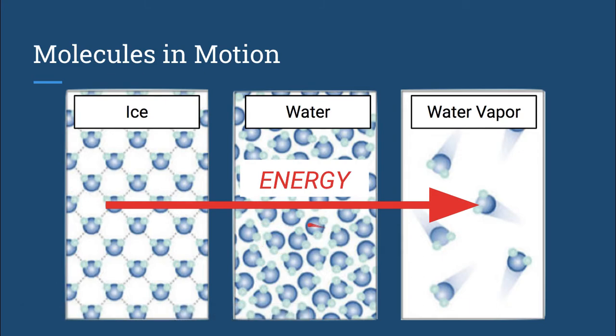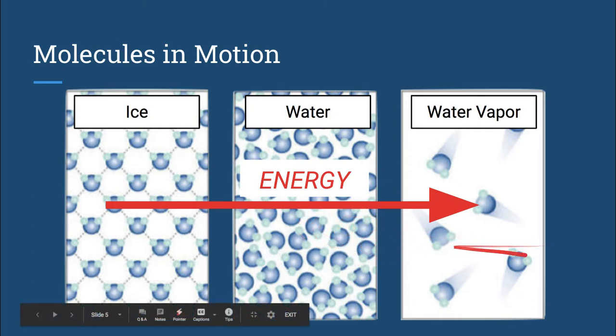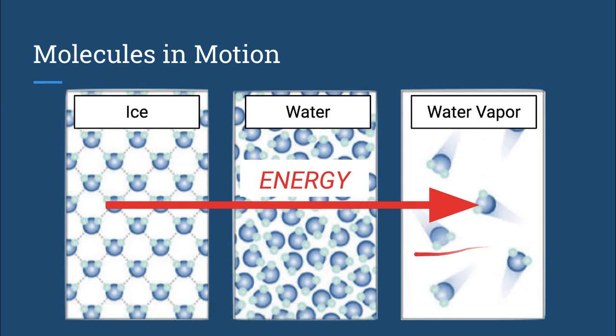The molecules have enough energy to move over each other. As I add more and more energy, those molecules start moving faster and faster until they shoot apart from each other and become a gas. So water vapor is those water molecules with a whole bunch of energy. Again, ice has the least amount of energy. Gas has the most energy.